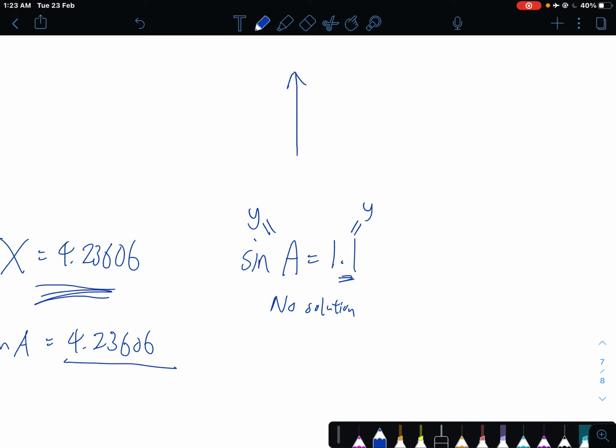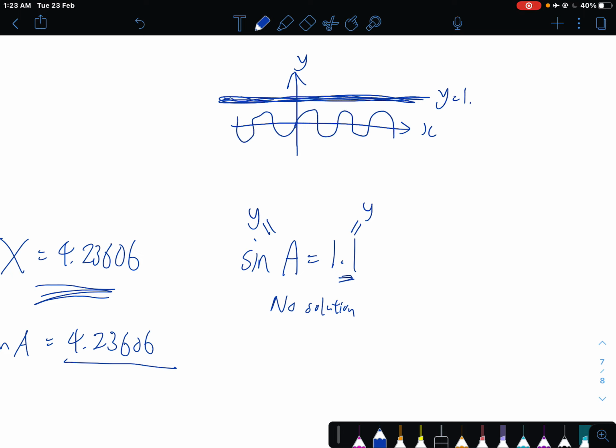So you have your x-axis, your y-axis, then you draw a solid line, y equals 1.1. Then you draw a solid curve, sine A, over all the possibilities, and then you try to find any point of intersection and find the x-coordinate of that point of intersection. But in this case, there isn't any, so that's why there's no solution.